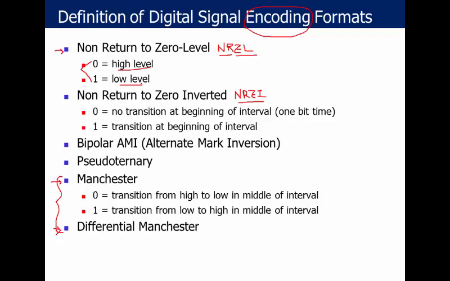If your device uses NRZL, then the data that you want to send is converted to binary code, so it's zeros and ones. If it is 0, then you send high voltage. If there is 1, then low voltage, right? So on and off.